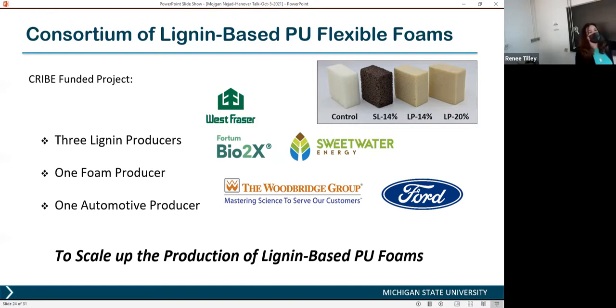Increasing this bio-based content, even by 20% lignin, is a significant improvement for Ford. Ford is one of the leading automotive companies that has used soy polyol because of the bio-based content of the soy. And now through this project, and another project that I have, we're going to mix lignin and soy polyol together to further increase the bio-based carbon content. And they're very much interested in that.